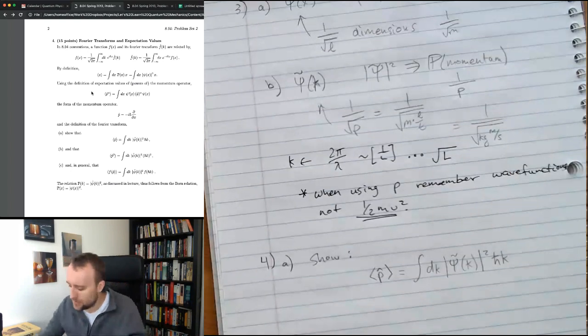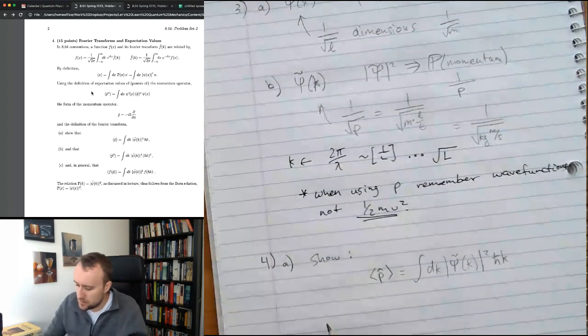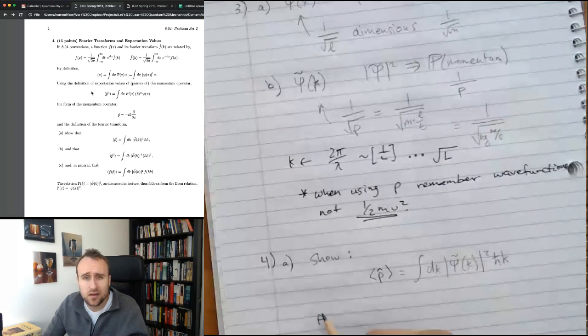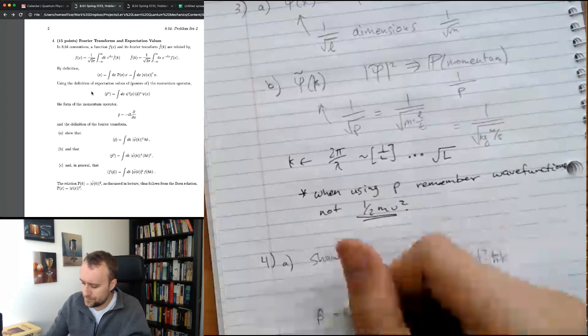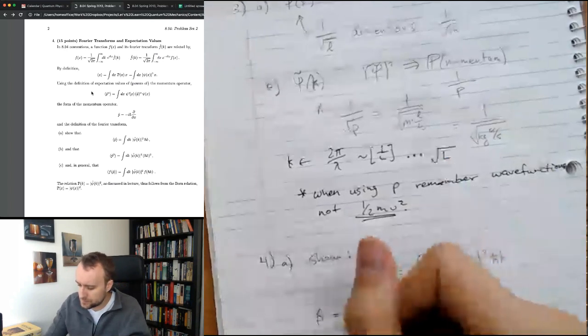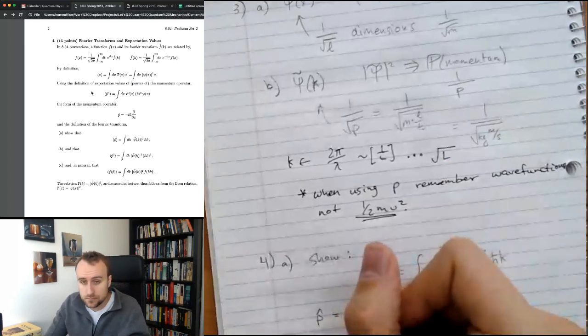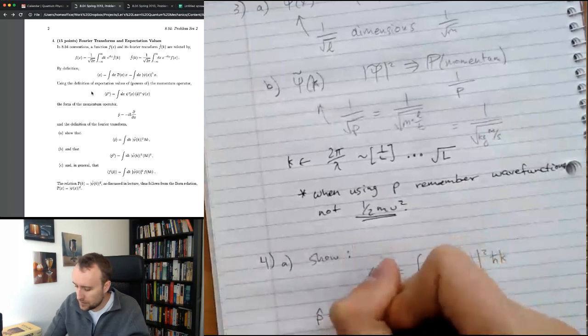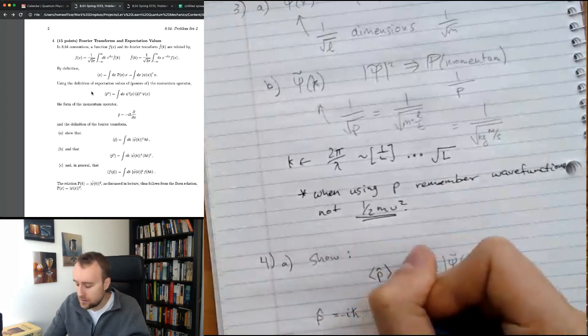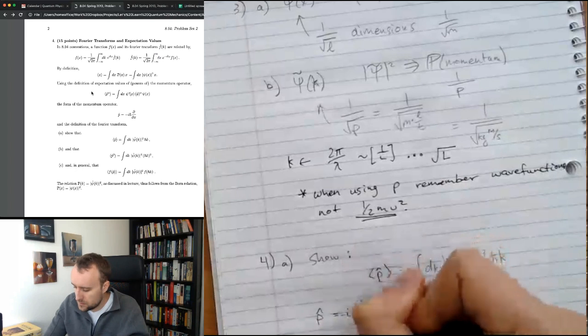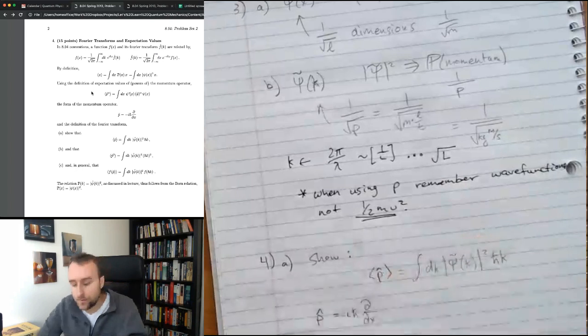So the momentum operator is equal to negative i h bar d/dx.